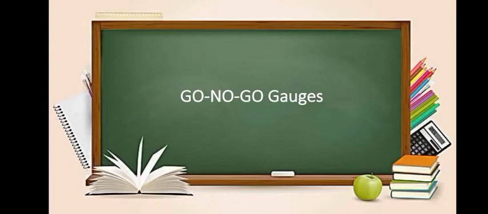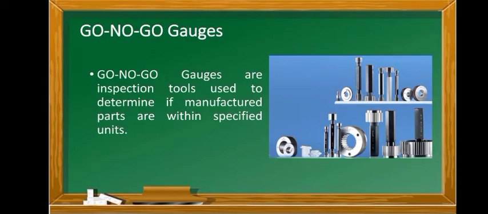Now, let's move to the second fixed value measuring tool, the go-no-go gauges. Go-no-go gauges are inspection tools used to determine if manufactured parts are within specified limits. So, go-no-go gauges are limit gauges that are made to the limiting sizes of the work to be measured.